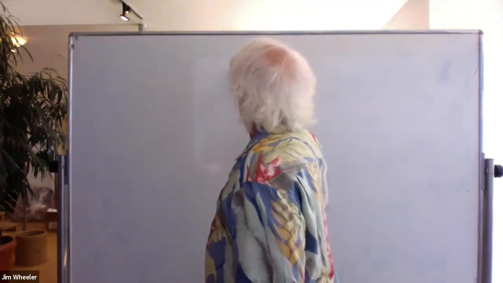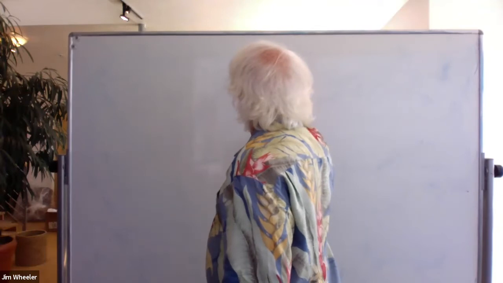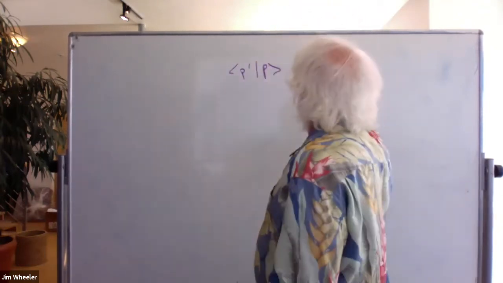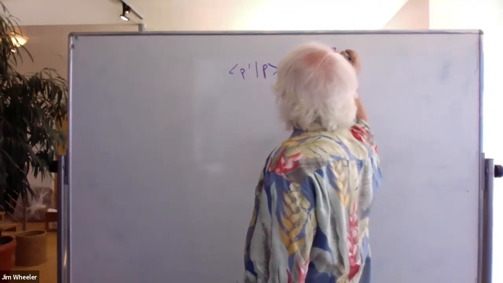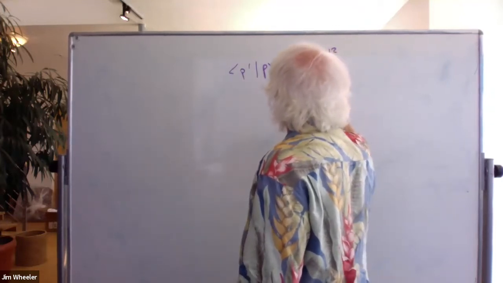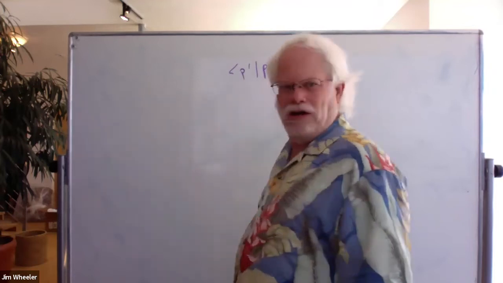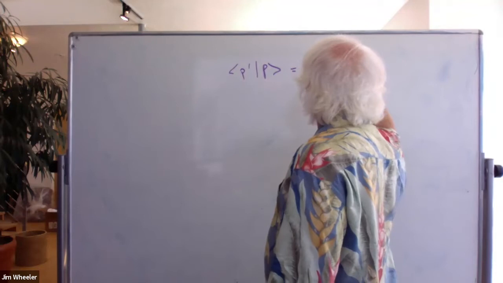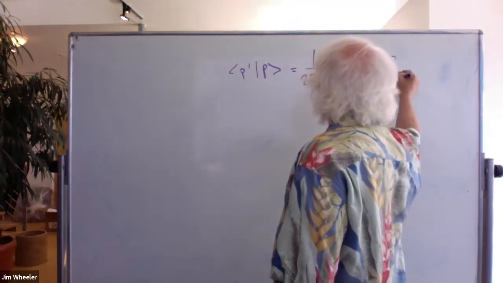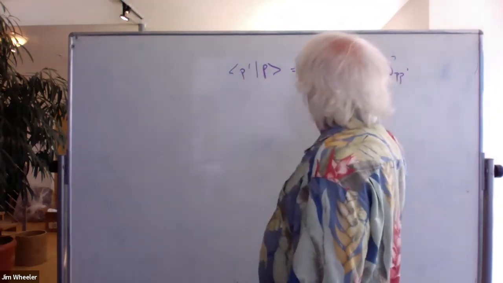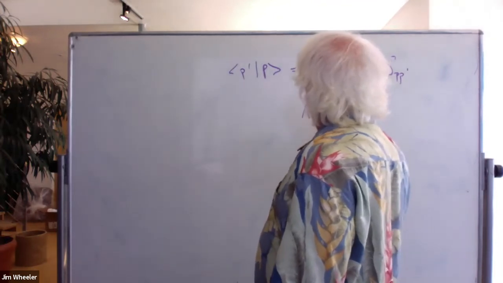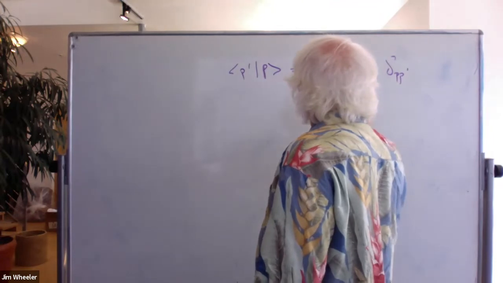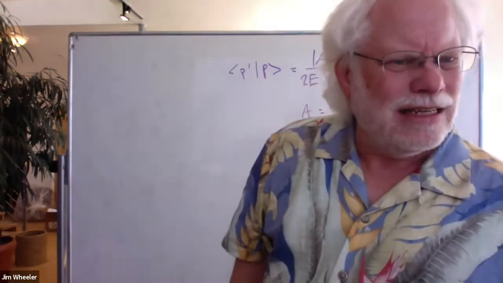So the inner product of 2 momentum states in our finite box is going to be some normalization constant, and then we're going to have a 2EV here. Did I put the 2? I did put the 2, delta_pp'. And we want that to just be delta_pp'. So we choose A to be 2EV, if I've got that, yeah.